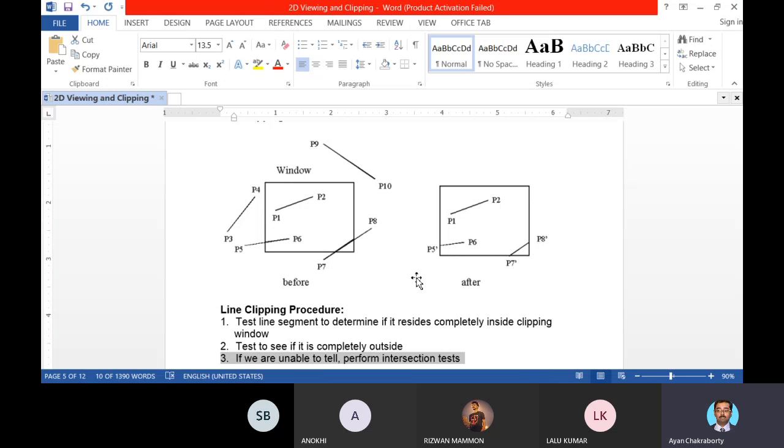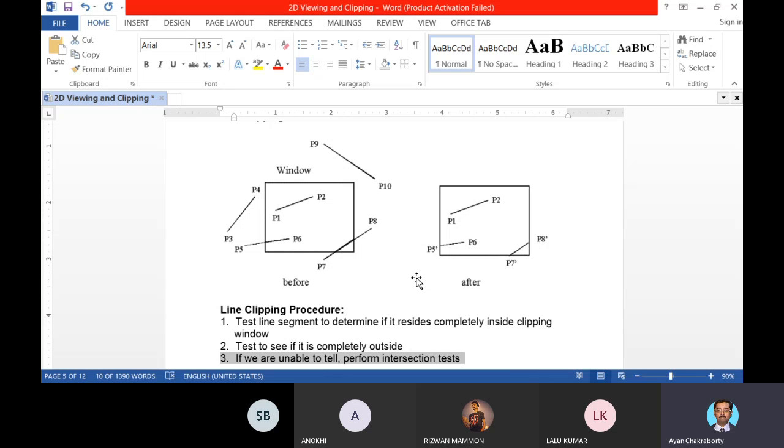This first algorithm for line clipping, the naive algorithm, is based on two approaches. One is the inside outside test, that is, whether the point is inside the window frame or outside the window frame. And the second approach is the intersection test.